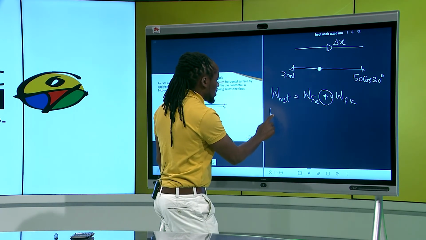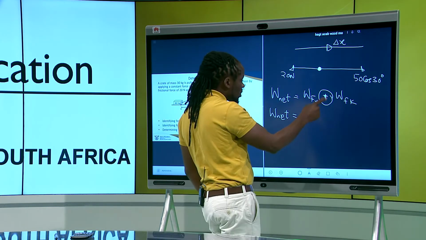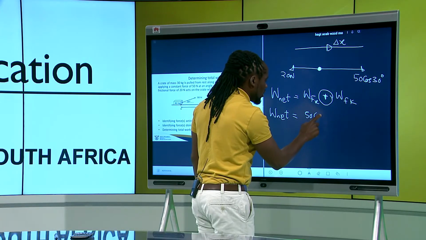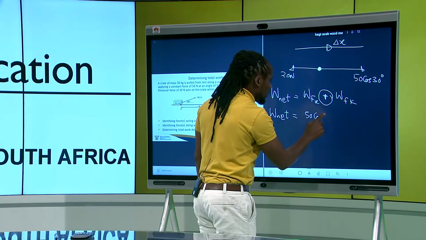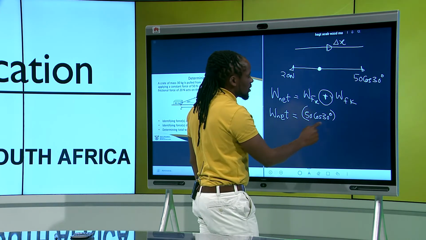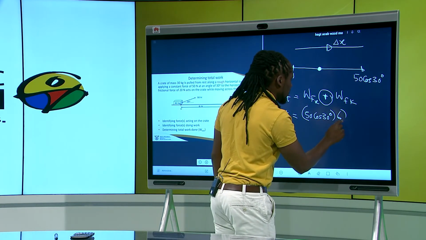Now, work net reduces to, in this case, Fx, we have to determine Fx. So that's our 50 cosine of 30 degrees, okay? So this is actually the magnitude of Fx. The displacement is given, it's 6 meters, right?